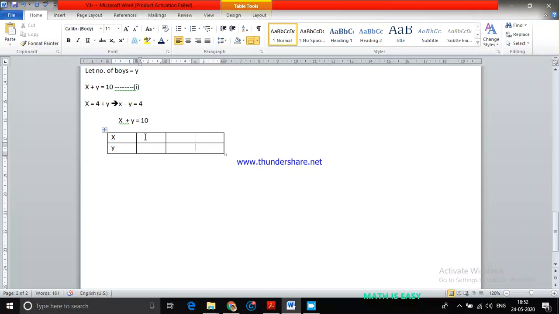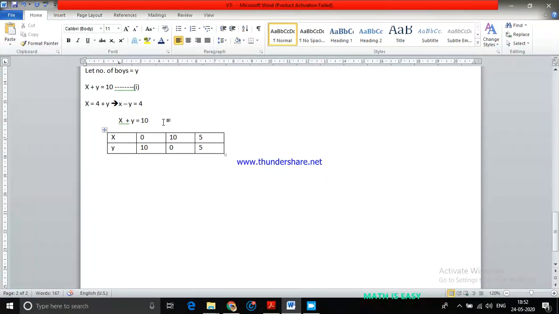As I said, first I'll take x as 0. If x is 0, y will be 10. If y is 0, then x will be 10. If x is 5, then y is also 5. It is dead easy to solve, right?